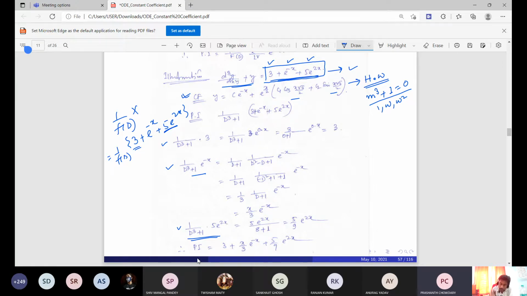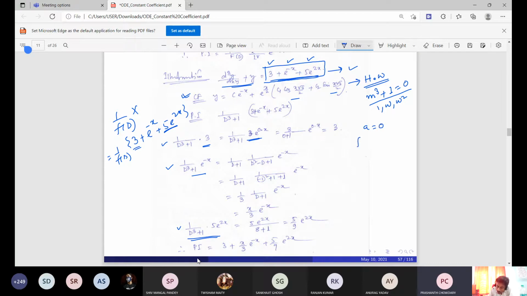Let us go slow and see what will be the case for the first part, that is 3. It is not given in e to the power ax form, but you know 3 can be written as 3 into e to the power 0x, because e to the power 0 is 1. So here a is 0.